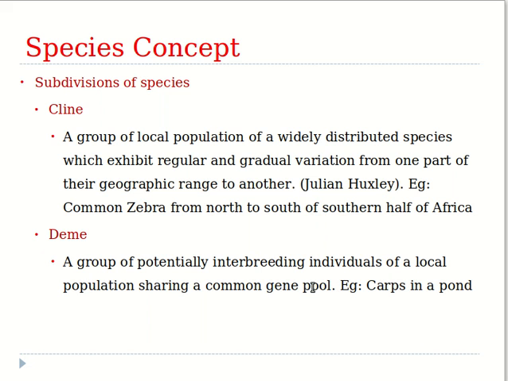A deme, as defined by Dobzhansky, is a Mendelian population, for example carp in a pond, paramecium in a ditch. So, it is a local population, with potentially interbreeding individuals, and obviously they share a common gene pool.